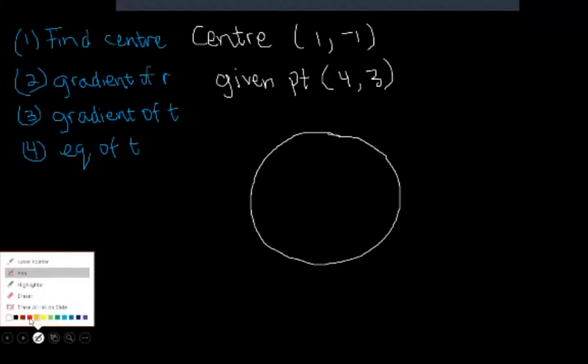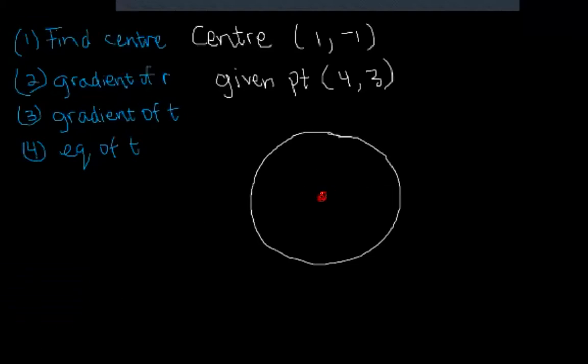So this is my circle. Center is this red dot. And they already told me in this question that the center is (1, -1). That's the coordinates of the center. They also told me about this point here.